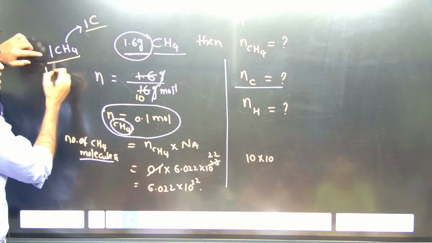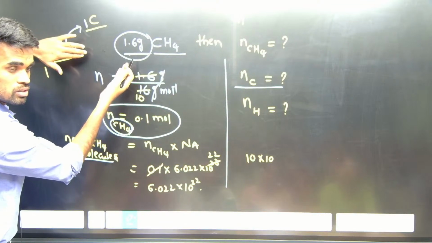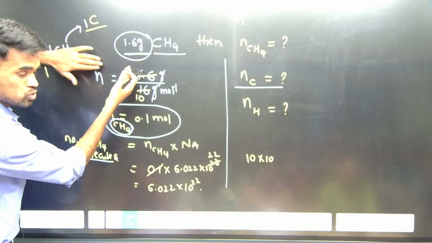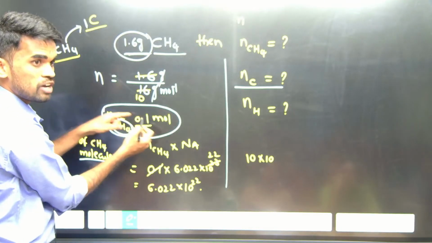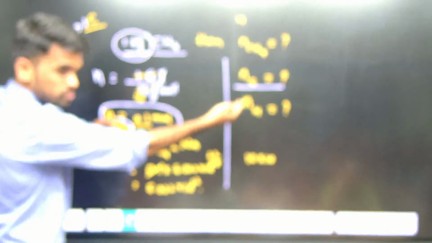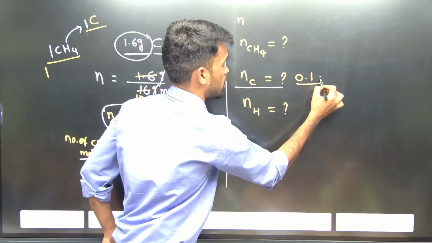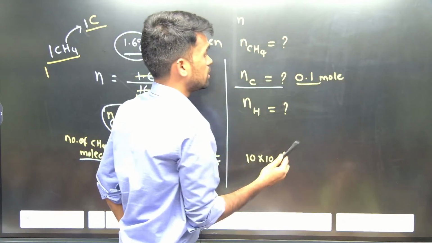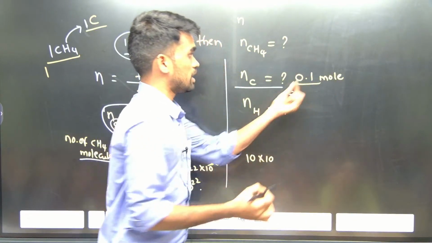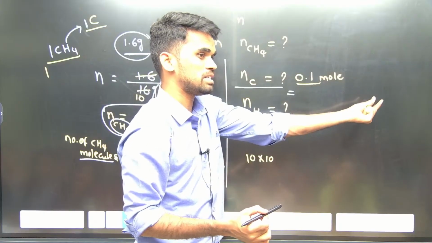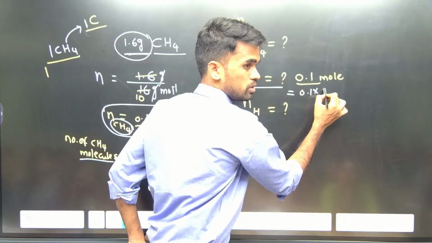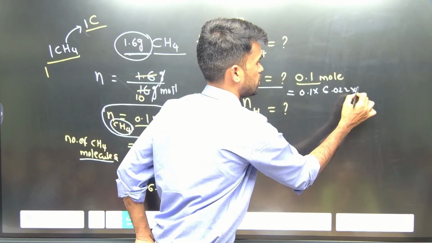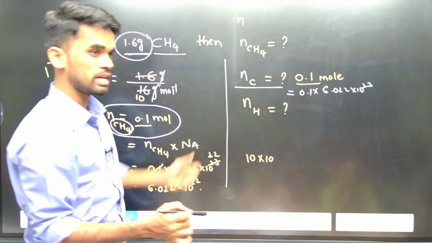Similarly, 1 mole of methane contains 1 mole of carbon atoms only. Here I got 0.1 mole of methane, so there will be 0.1 mole of carbon atoms. If I ask for the number of carbon atoms, this mole number into Avogadro number 6.022 into 10 power 23 gives the same answer as before.